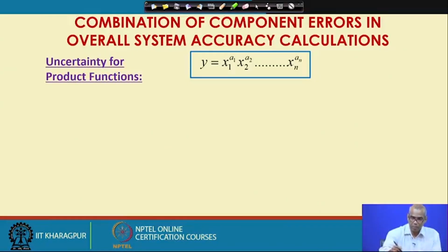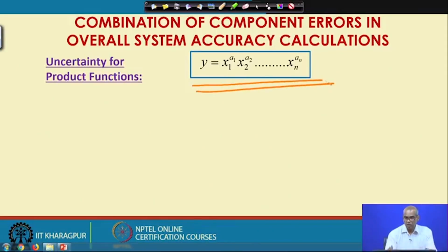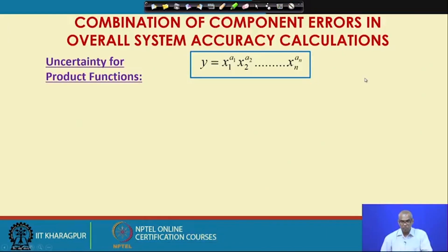So, y is given as follows: y equal to x 1 to the power a 1 into x 2 to the power a 2 up to x n to the power a n. The same methodology can be used.